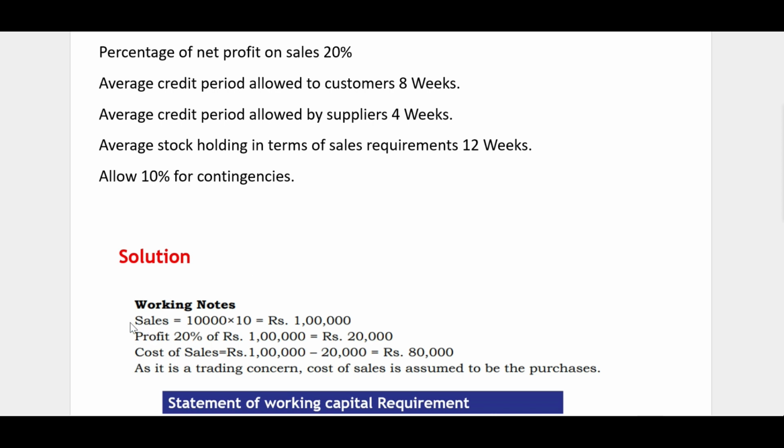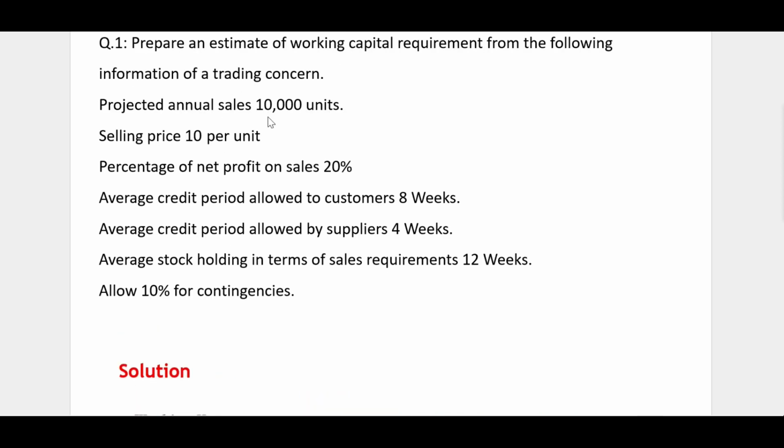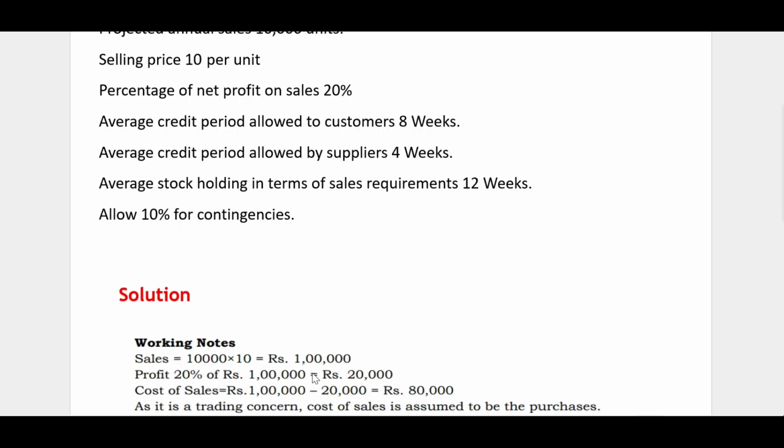cost of sales. So, how can we calculate the sales? Based on our information, we have 10,000 unit sales, and the price of each one will be 10. So we multiply 10,000 units by 10, which equals 100,000. So the sales will be 100,000.